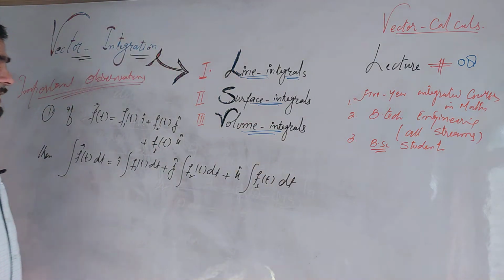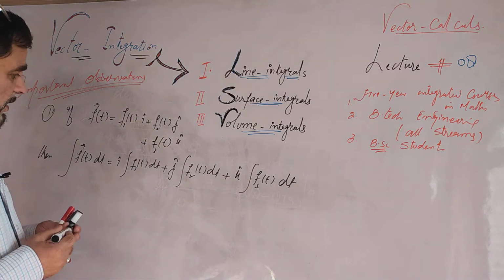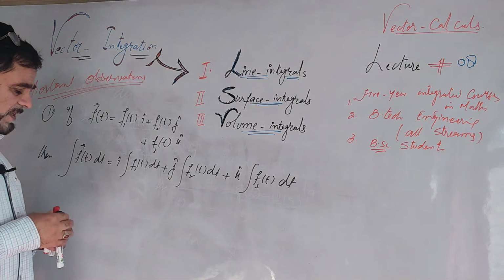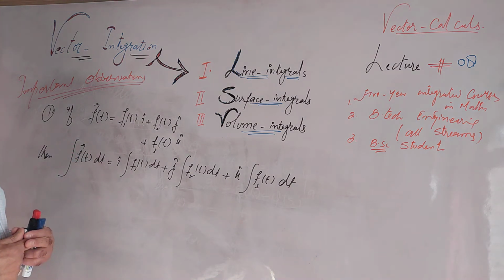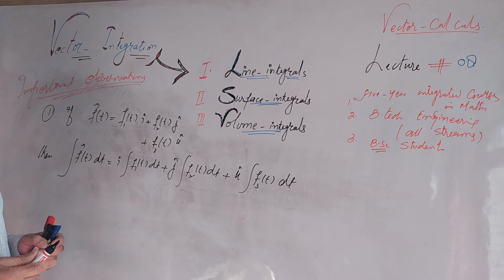And what does this imply? When we have to integrate the vector function, we integrate the coefficients of the i, j and k components.